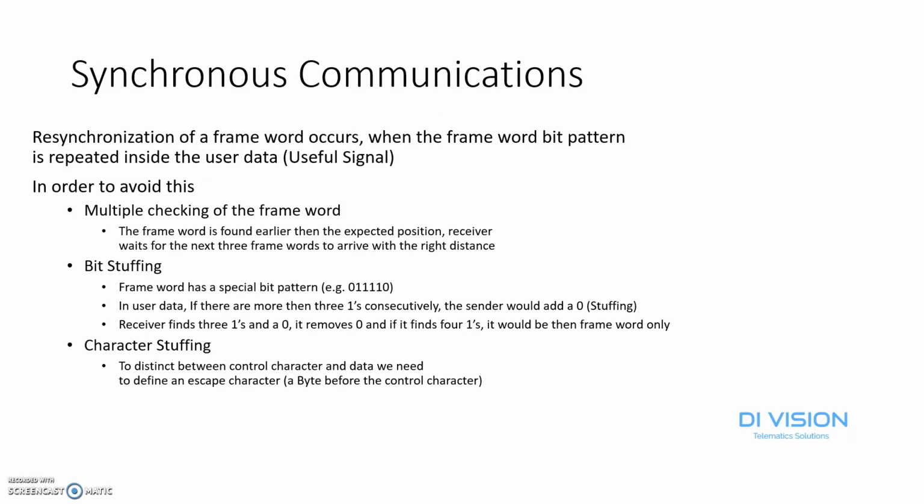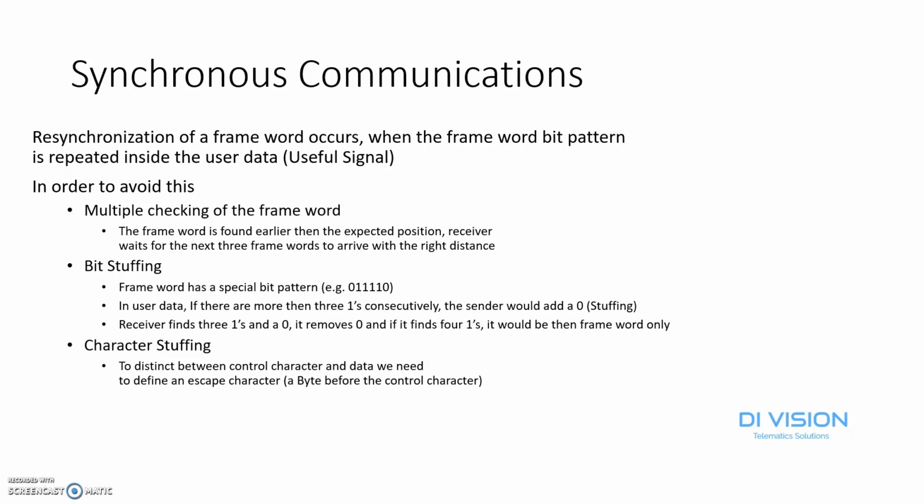Then comes bit stuffing. The frame word has a special bit pattern, for example, 0, four 1s, and 0. On the sender side, in the user data, if there are more than three 1s consecutively, the sender would add a 0. That's called stuffing, so that the user data looks different from a frame word.